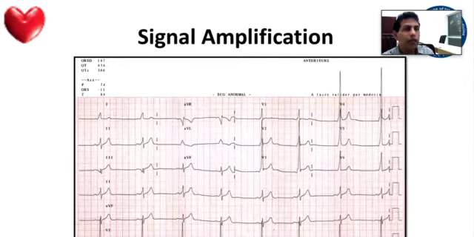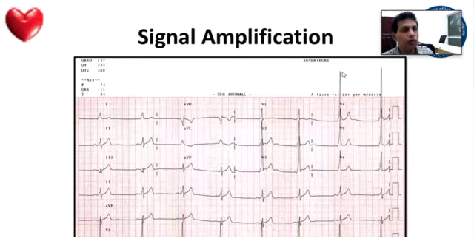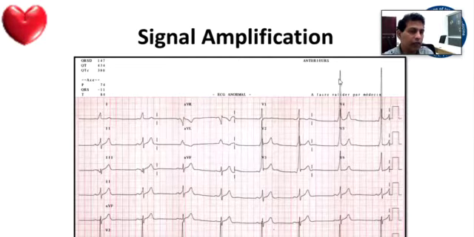But sometimes you can see these very tall R waves in V4, V5 and sometimes in V6. Actually in V4 the QRS complex has gone above the ECG paper into this white area.